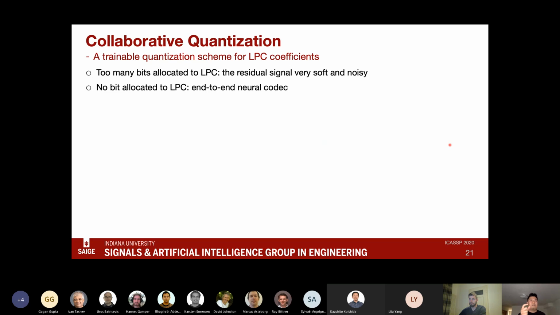Another edge case is when we don't allocate any bits to LPC. In that case, it's just an end-to-end solution, because that's where we model everything from scratch. Between these two edges, maybe there's a sweet spot.